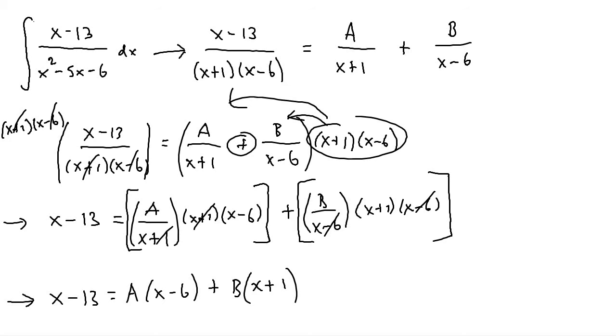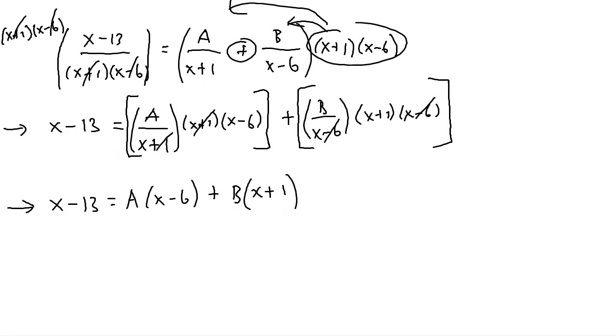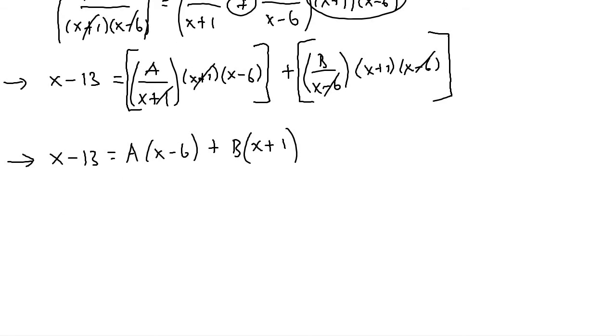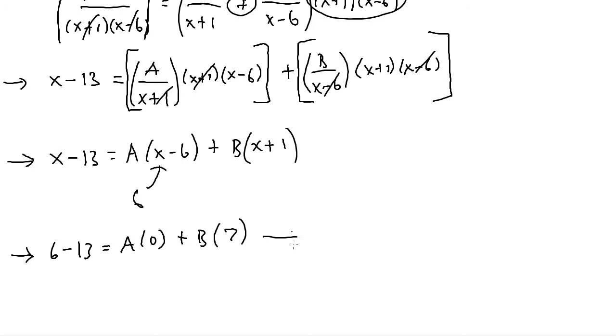Now I need to plug in a value for x that will cancel out one of the terms and solve the other term. Let's start with b here. If I plug in 6, 6 minus 6 is 0, and that would cancel out the a term. So let's say x equals 6. Then I get 6 minus 13 equals a times 6 minus 6, which is 0, plus b times 6 plus 1, which is 7. 6 minus 13 is negative 7.